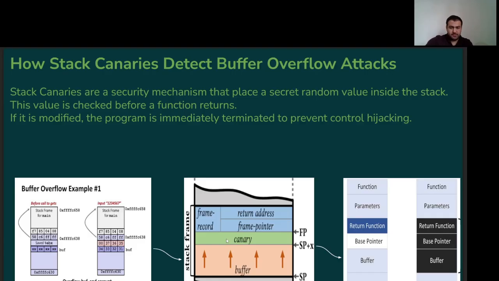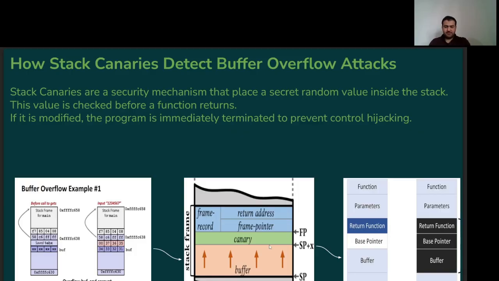The reason it's placed here is simple: any overflow coming from the buffer must pass through the canary before reaching the return address. These arrows show the direction in which the overflow would move if the buffer receives too much input.